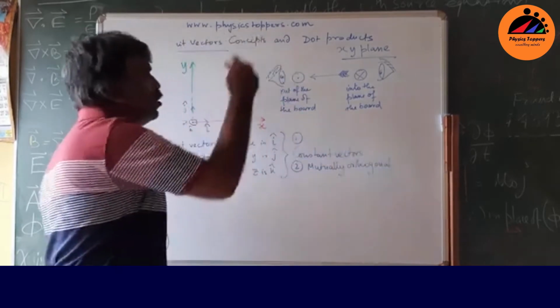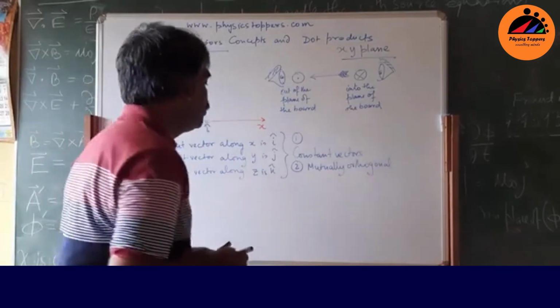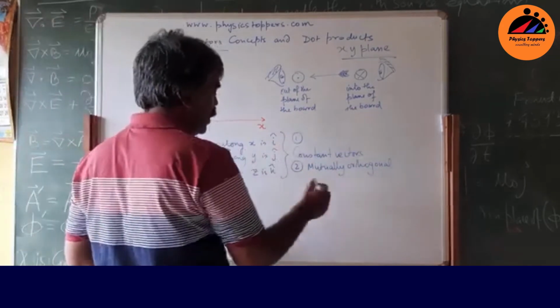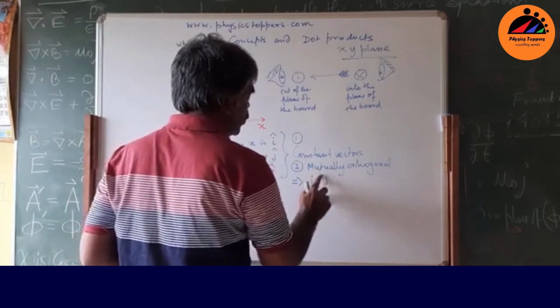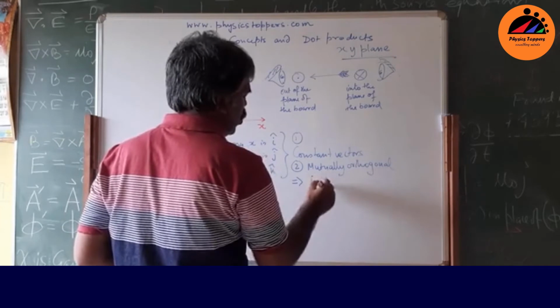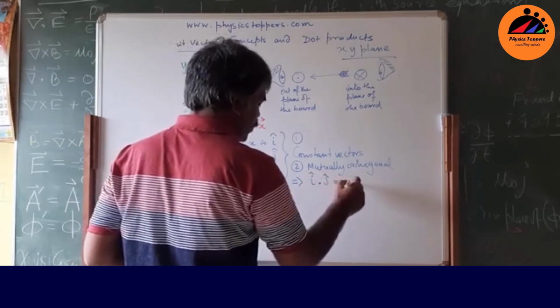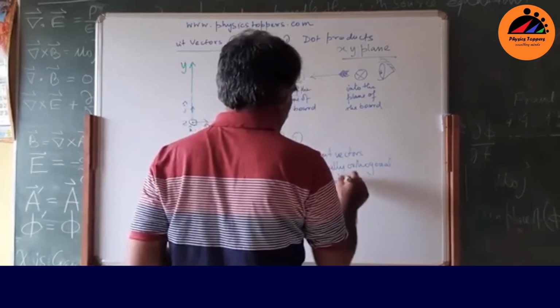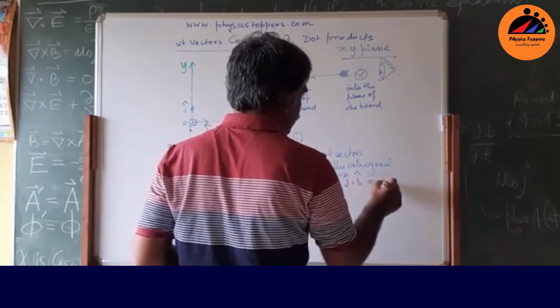I'll make a next video on dot products, but I have to mention a few things on dot products, so let me mention that. They are constant vectors, and they are mutually orthogonal. That implies I cap dot j cap, and the dot product is a commutative operation, so this is equal to 0.